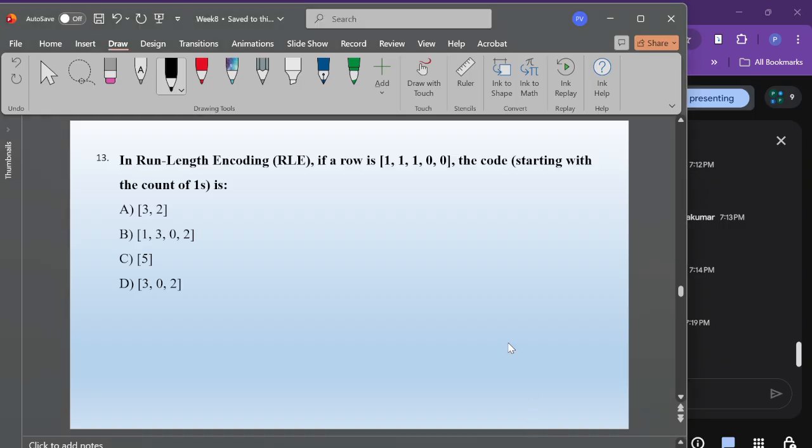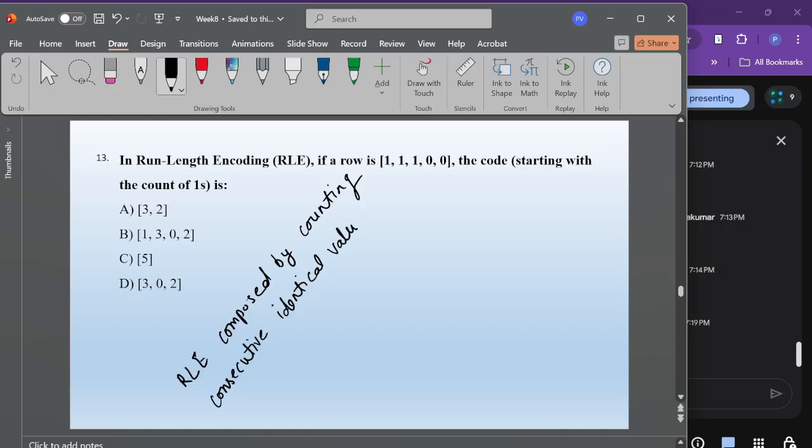In run length encoding, the given row is composed by counting consecutive identical values.